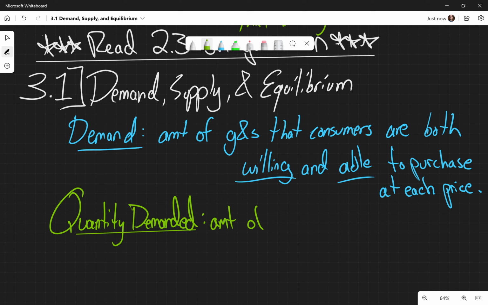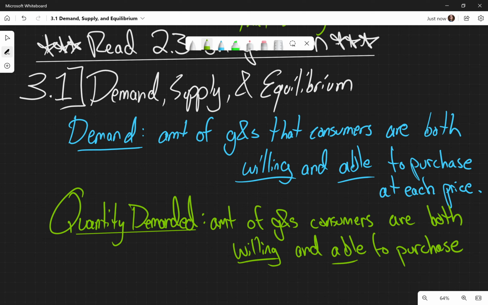It's the amount of goods and services that consumers are both willing and able to purchase. And instead of at each price, this is now at a given price.